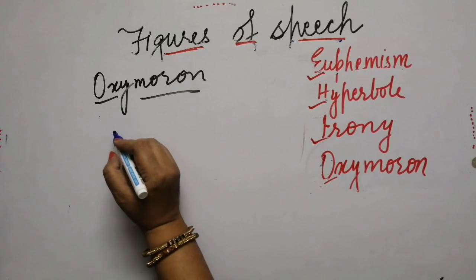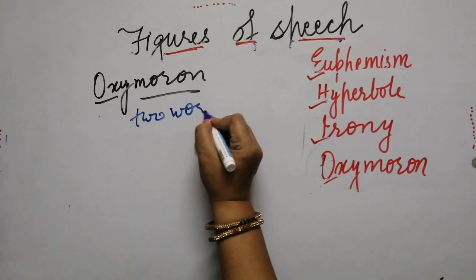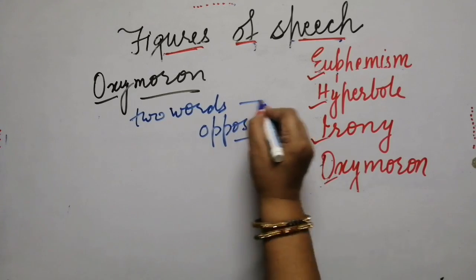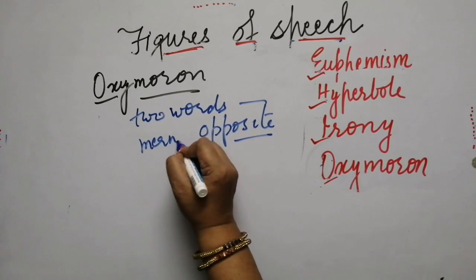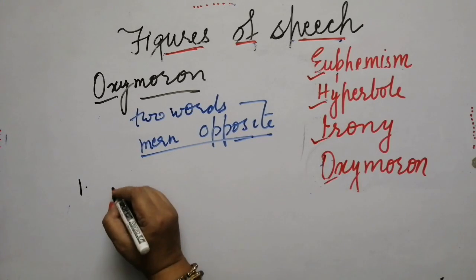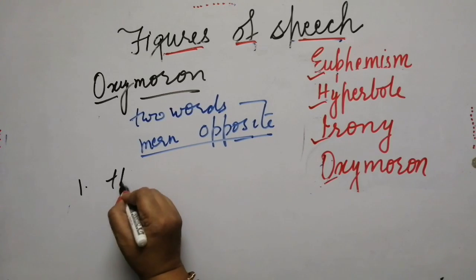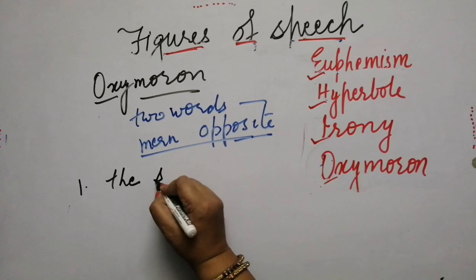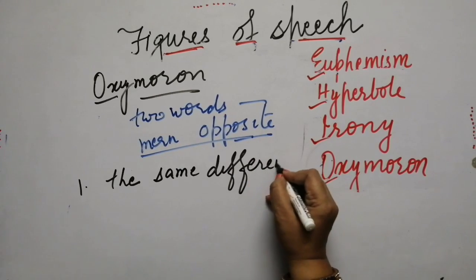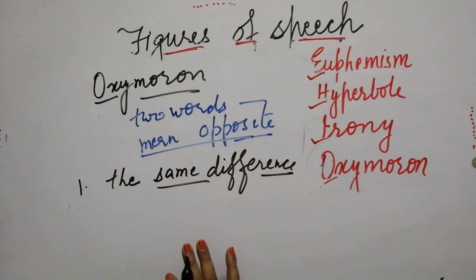Two words with totally different, completely contrasting meaning. Like you can write, I'm just writing the phrase only, "it has the same difference." You got these two opposite words, and that is oxymoron.